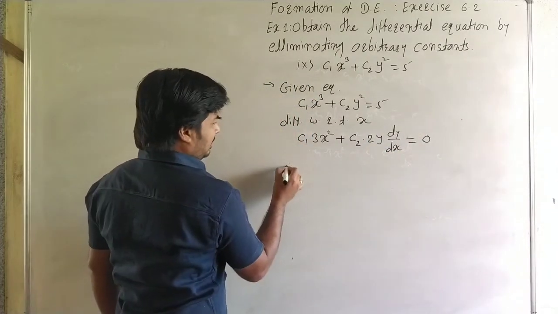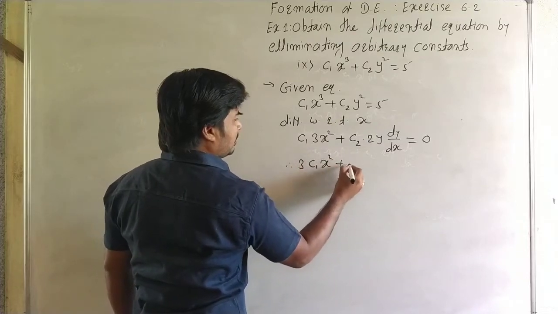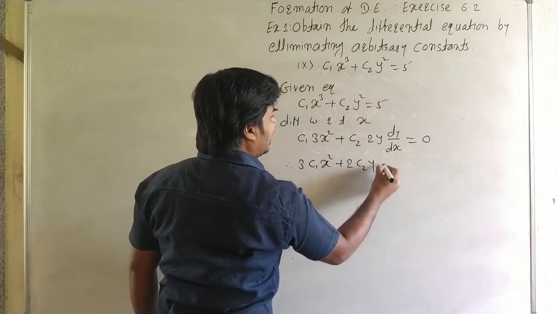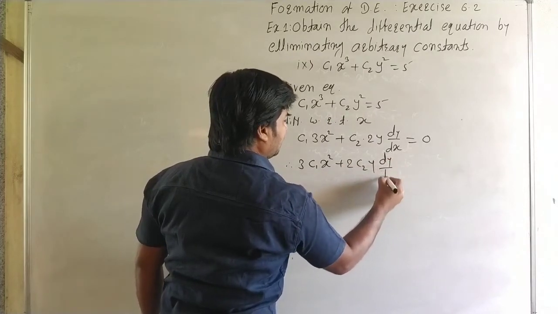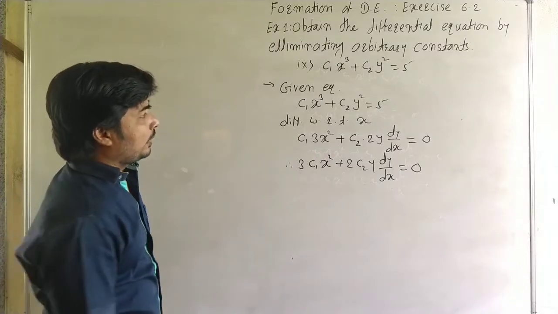This can be written as 3c1x square plus 2c2y dy by dx is equal to 0. See carefully this. Now again differentiate.